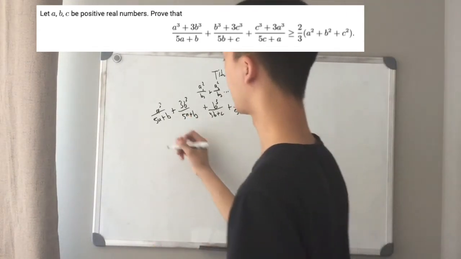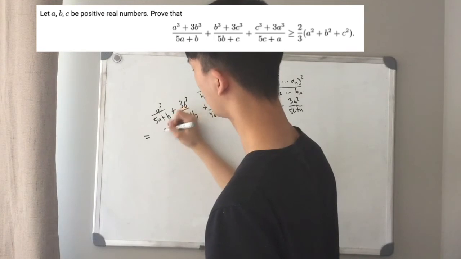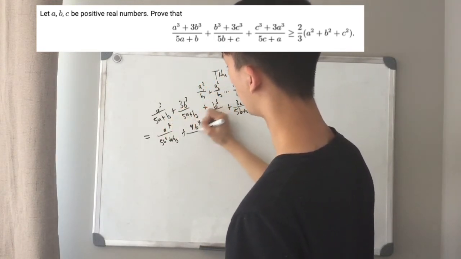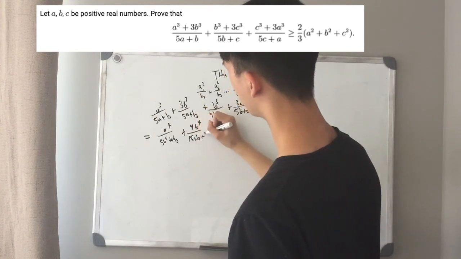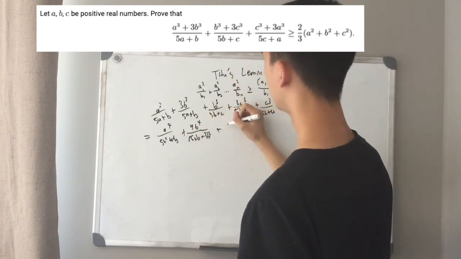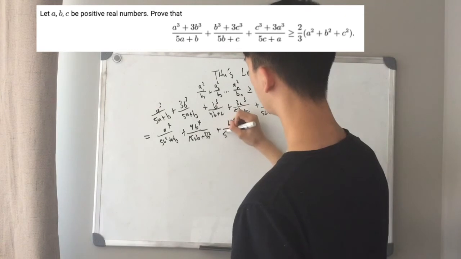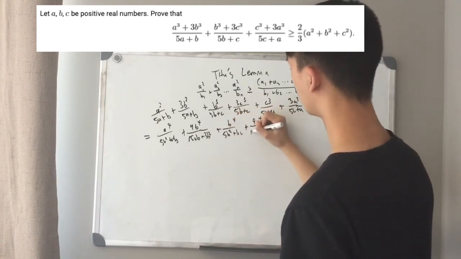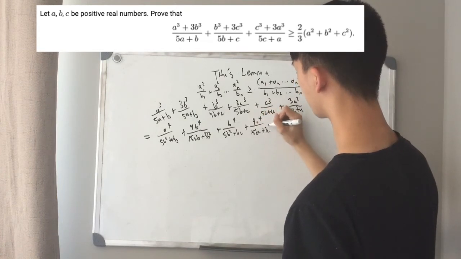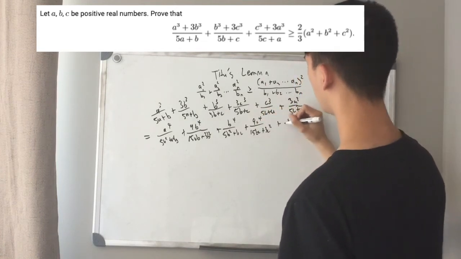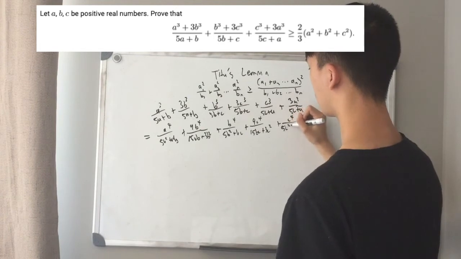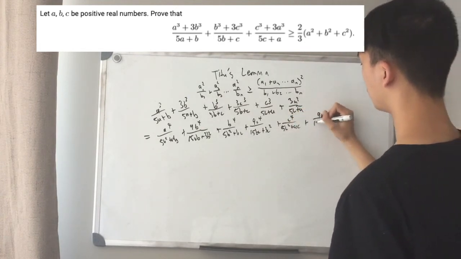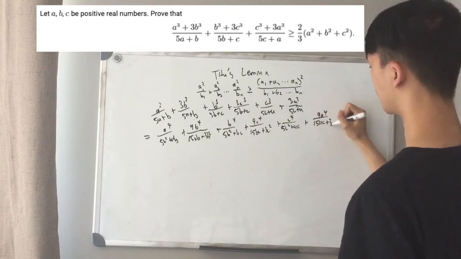And so multiplying, this is then equal to a to the 4 over 5a squared plus ab, plus 9b to the 4 over 15ab plus 3b squared, plus b to the 4 over 5b squared plus bc, plus 9c to the 4 over 15bc plus 3c squared, plus c to the 4 over 5c squared plus ac, plus 9a to the 4 over 15ac plus 3a squared.